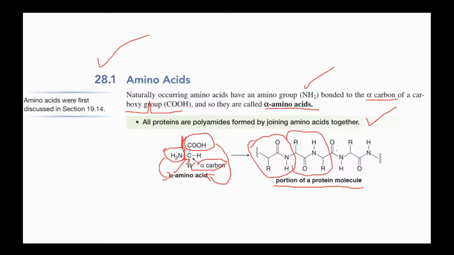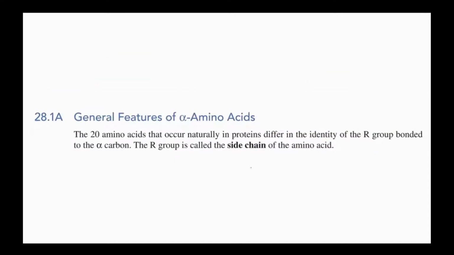So two, then this is the third part, and this is the fourth part, and this chain continues. That's why we put a wavy line, and this side also continues. These are called a portion of a protein molecule, and this is called protein structure.